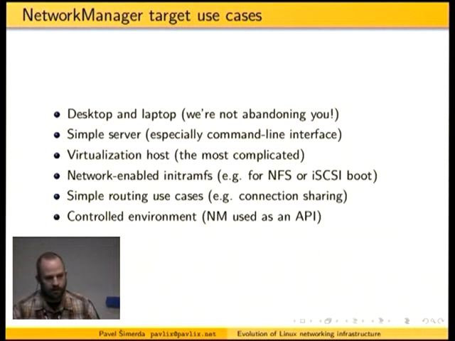And especially we want to prepare NetworkManager to work in a controlled environment, by which we mean that NetworkManager will not do anything automatically, will not work for the user, but will work for some other daemon that specifies exactly what we need to do. So let's call it just a network API.